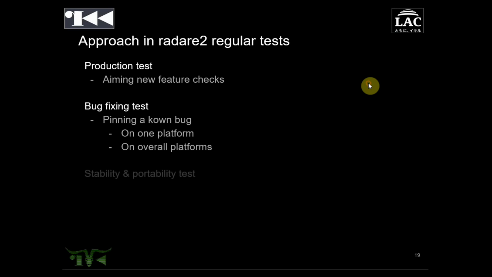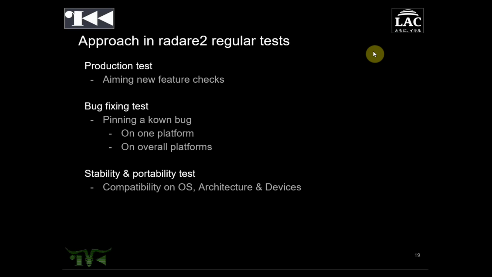In the recent version 5, we are doing the stability and portability test, which actually started from 4.5. It really points to the compatibility on the OS, architecture and devices. And for the devices, it will be a case-by-case matter. And this is actually quite new.